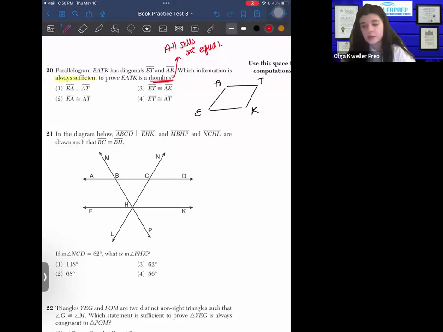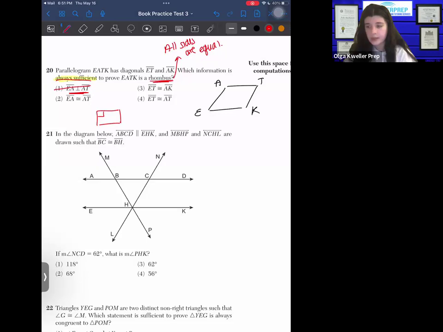Now, the diagonals of a rhombus are similar to a diagonal of a rectangle. So what we just learned, like EA being perpendicular to AT, that would show that it's potentially a rectangle, but that wouldn't prove that it's a rhombus necessarily. Does that make sense? So this is saying EA is perpendicular to AT. So that's just telling me that it's a rectangle, right? If this is a right angle. That's not telling me that it's necessarily a rhombus. So not always sufficient, right?